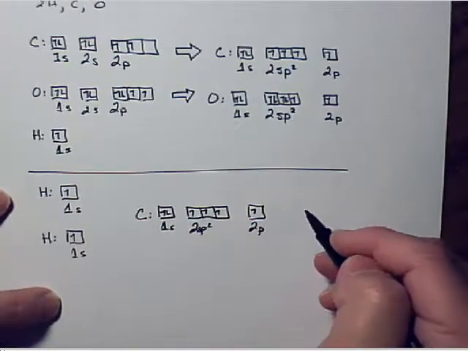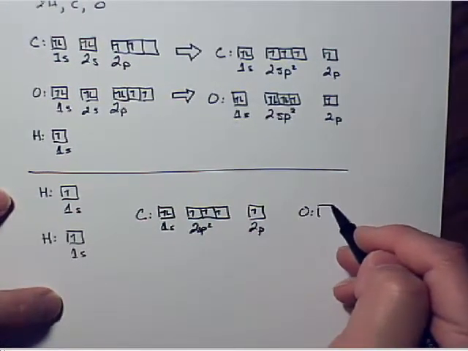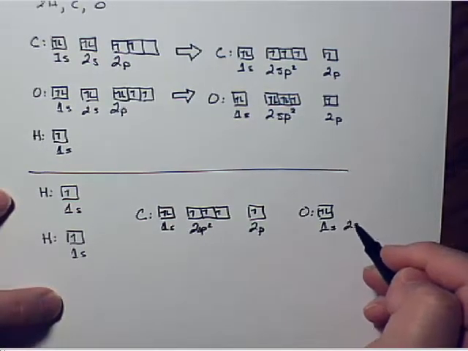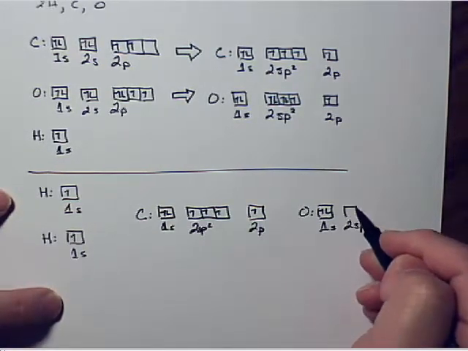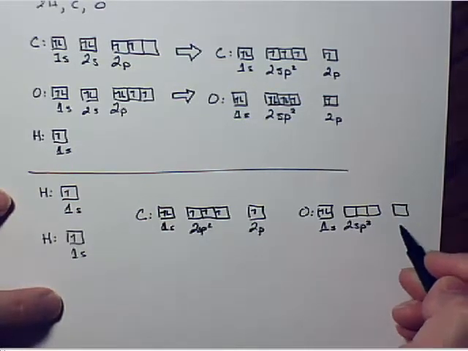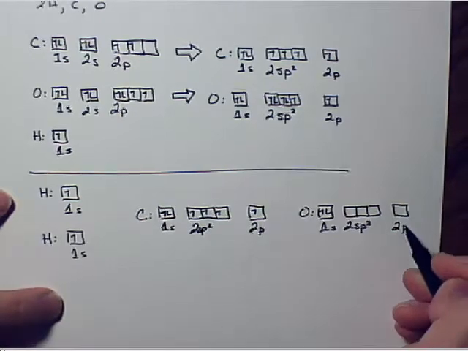And then we've got our hybridized oxygen. We have one p orbital that's not hybridized.